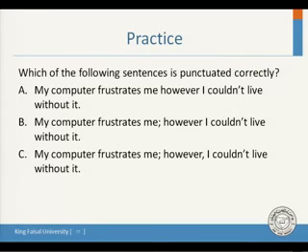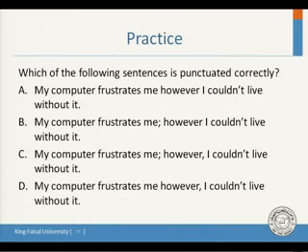However, we have a semicolon before and a comma after. However, comma, I couldn't live without it. And D, my computer frustrates me, however, comma. Which one is correct? Okay, the correct choice is C, because as you can see we have a semicolon before and a comma after.